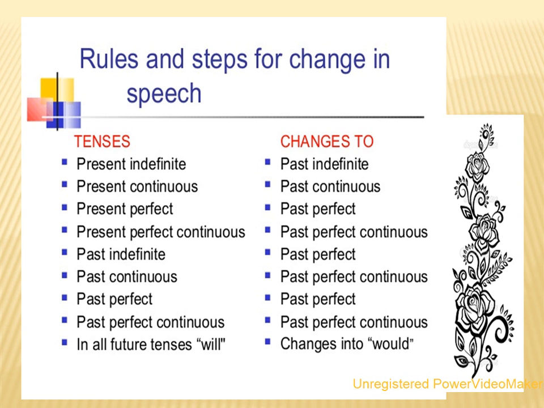Past perfect will remain unchanged, that is, past perfect will change into past perfect only. Past perfect continuous will also not change. It will remain past perfect continuous. In all the future tenses, will changes into would.